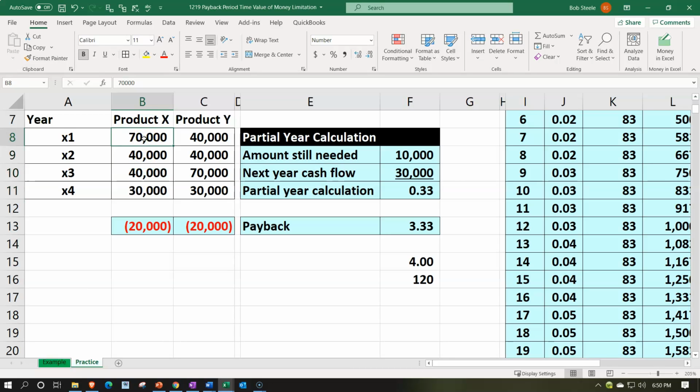We got the 70,000 up top. We're going to get, well, not really paid back sooner, but we're going to get a larger chunk of money sooner in time, and therefore that 70,000 is going to be worth more than the 40,000 that we get here. This 70,000 that we're getting in year one would be worth more than this 70,000 over here that we would be getting down in year three.